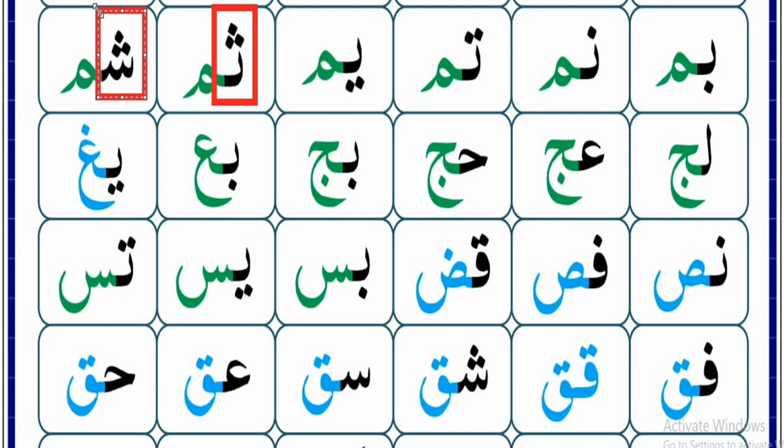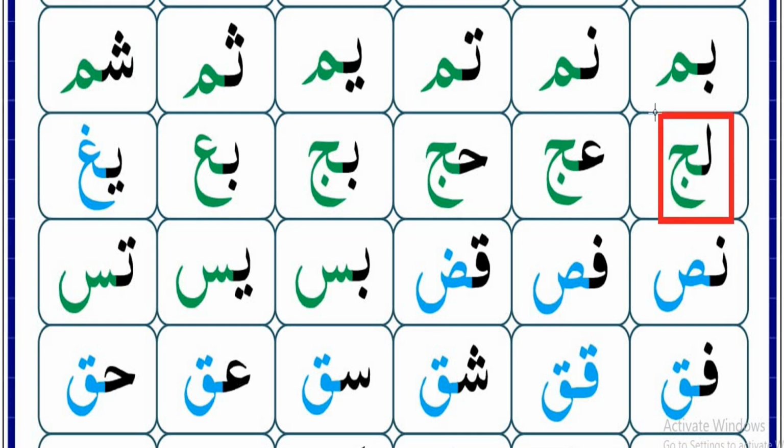They both have three dots on top. But this time the difference is the shape of the letter. That shape under the three dots is different. So tha has this simple shape, but sheen has this W looking shape. So this shape, if it has three dots on top, is called sheen, and the simple shape with three dots on top is tha. So tha and sheen are the two letters with three dots on top. So this is sheen meem.